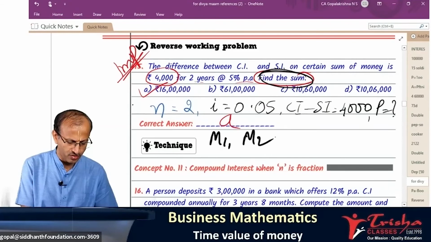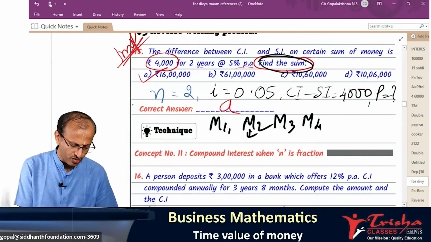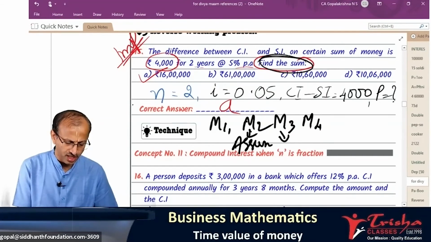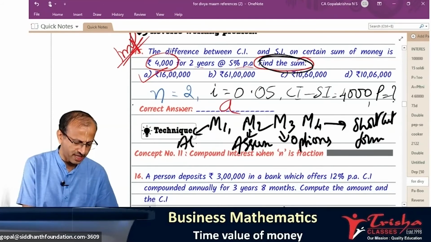Method 1, method 2, method 3, method 4. Method 2, assumption. Method 3, it is about options. Method 4, shortcut formula. Method 1, algebraic solving.